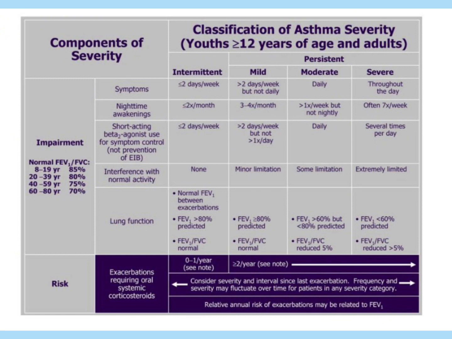And severe persistent asthma: throughout the day the symptoms will be there, even if they are on controllers, even sometimes on 2 medications, they will have symptoms throughout the day, and SABA use several times per day. The left of the table shows 40 to 59 years, 75% FEV1/FVC ratio, 60 to 80, 70%. So that is the expected FEV1/FVC ratio. It varies with age.